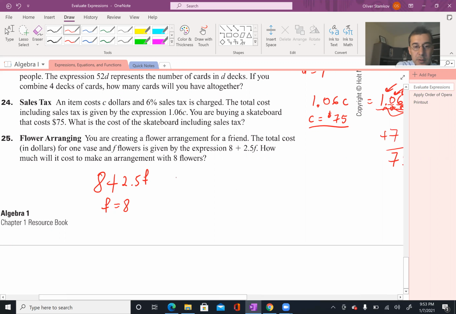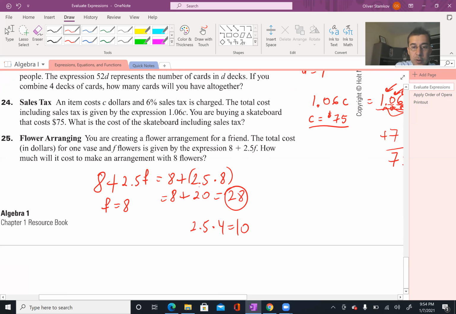Okay, so this becomes 8 plus 2.5 times 8. Okay, so how much is 8 times 2.5? Well, what is 2.5 times 4? That's 10. So this would be double, 20, right? So this would be 8 plus 20, or 28 is the final solution.